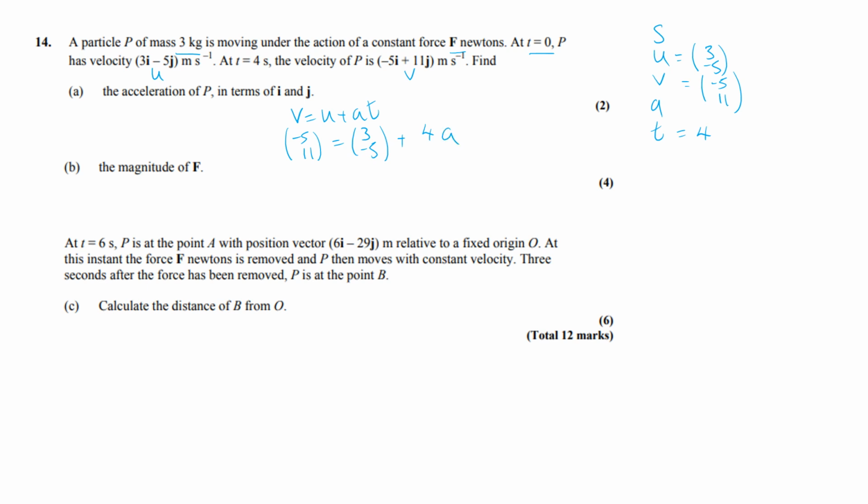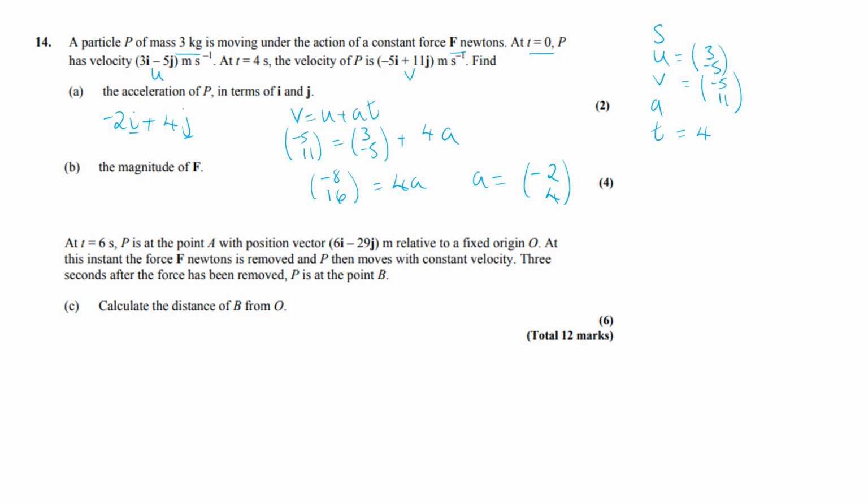Taking the initial velocity over, we're going to get (-8, 16) is equal to 4a. So a is going to be (-2, 4). Put it in terms of i and j, we've got -2i plus 4j.